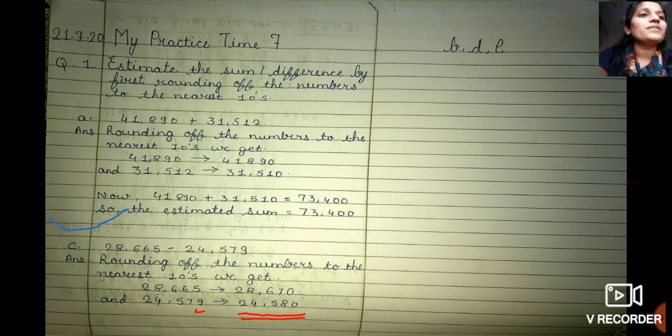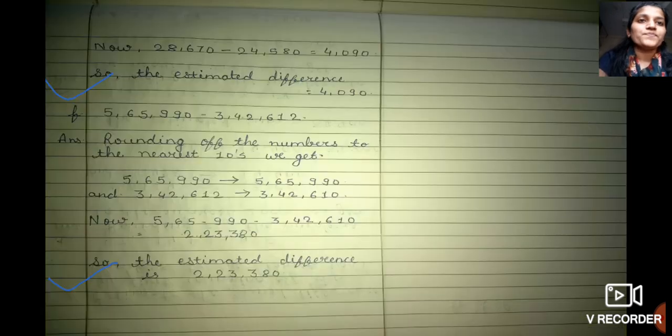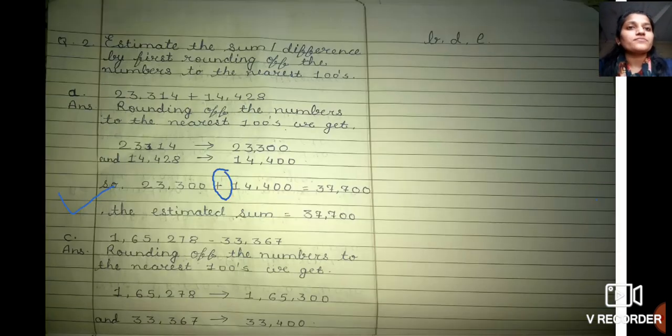And then if the number is less than 5, then we are not supposed to add anything. We are going to write 0 in that place, means we are going to write 0 instead of ones. And if the number is more than 5, then we are going to add one number in tens, and in ones 0 only. So this is for tens.